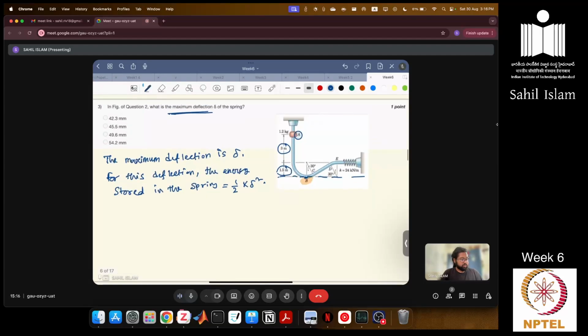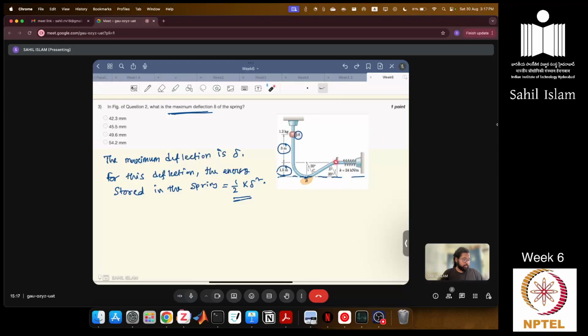Fine. Now this half k delta square energy will be given by this slider. Whatever energy it had here, it loses potential energy and gains kinetic energy. Then when it travels up from B to E, it starts slowing down, right? Eventually it loses some kinetic energy and some potential energy.